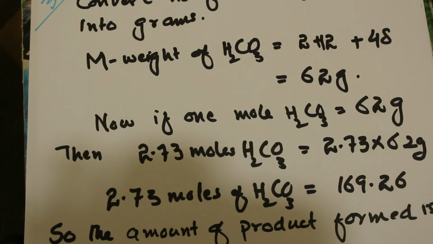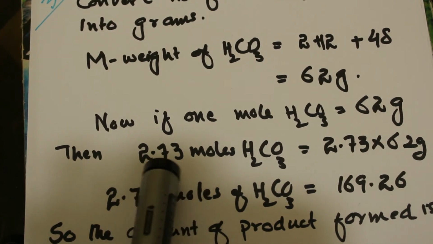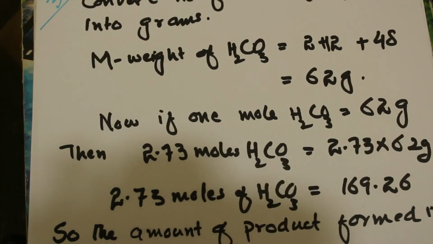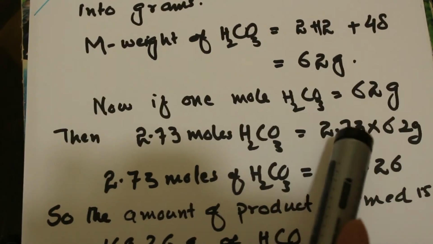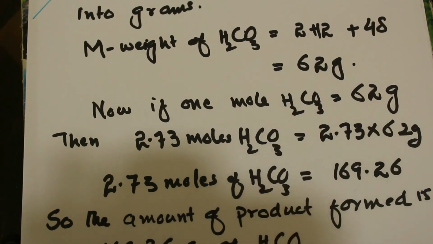Now we calculated the molecular weight of carbonic acid. Now we have to convert the number of moles of carbonic acid into grams. We know that the number of moles of carbonic acid is 2.73 moles, and we multiply it by 62 because 62 is the molecular weight for 1 mole, or you can say for 1 molecule of carbonic acid.